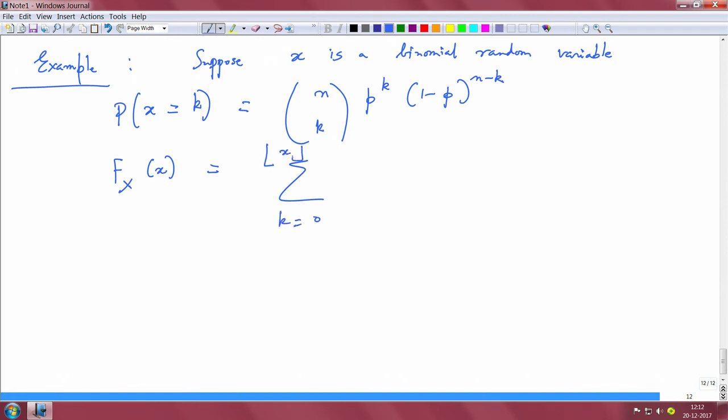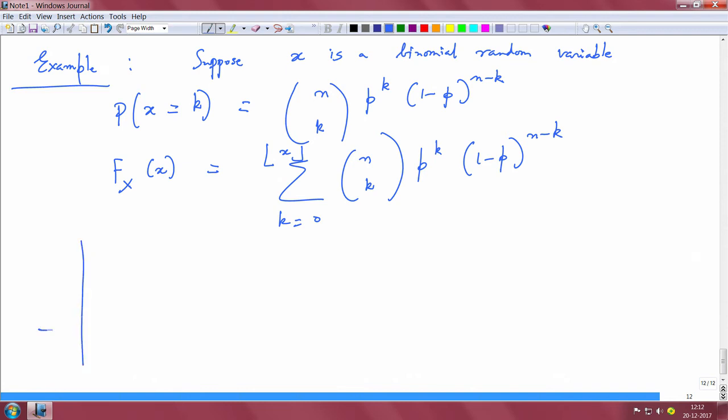this quantity, where you basically look at the floor of x, and sum all the masses from k equals 0 to floor of x. Now, how should this look?